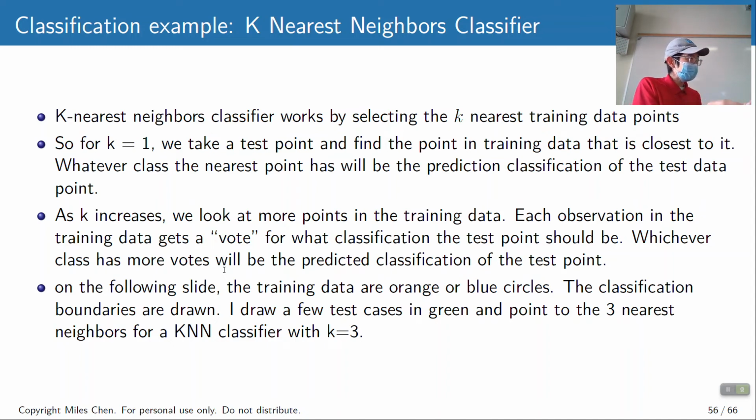Let's look at other observations in our training data, and let's pick the nearest neighbors, with nearness measured by Euclidean distance. We look at the classifications of our neighbors, and we say, okay, well, my nearest neighbors are red, or my nearest neighbors are blue, and therefore this test case is going to get classified as red or blue.